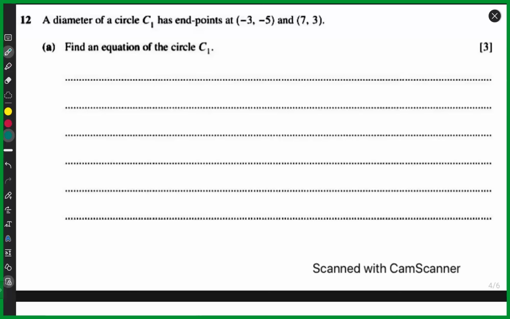The midpoint I'm getting is (2, -1), and the radius is 6.4. Okay, and your final equation is?